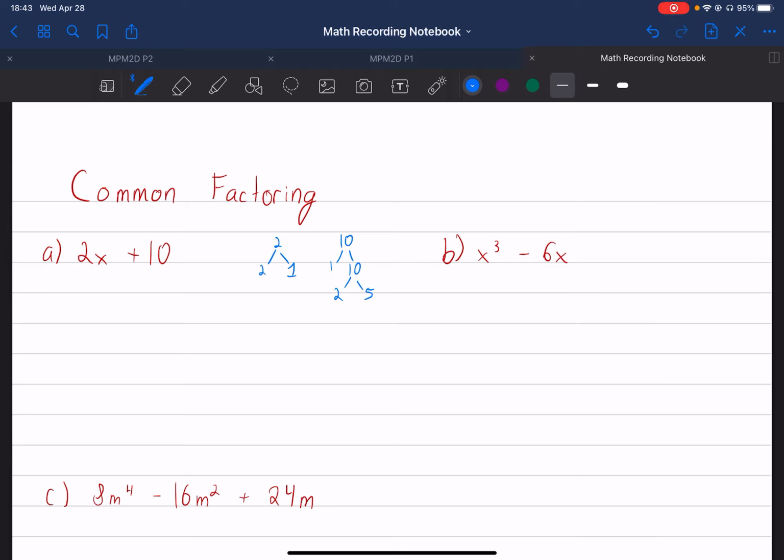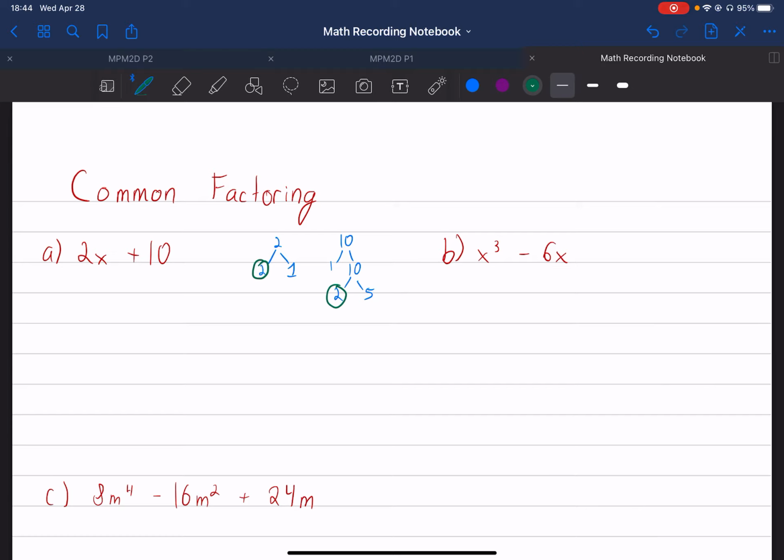We're looking at 10. What we're going to see here is that we've got 10 and 1, 10 breaks down into 2 and 5, and 2 and 5 are again prime numbers, so we can't go any further. But if we look at it here, you can see that there is 2 and 2. So that means the greatest common factor that they have together, they share, is 2.